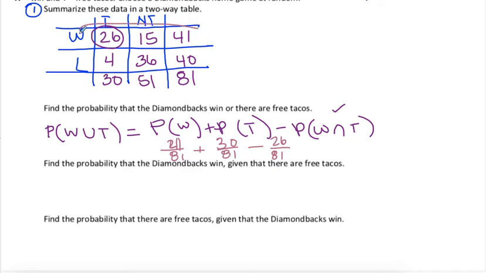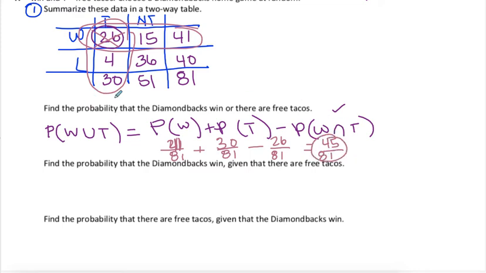We counted the 41 here and we counted the 30 here, double counting 26, which is why we subtract. When I add those up, 41 plus 30 is 71, minus 26. I get 45 out of 81.